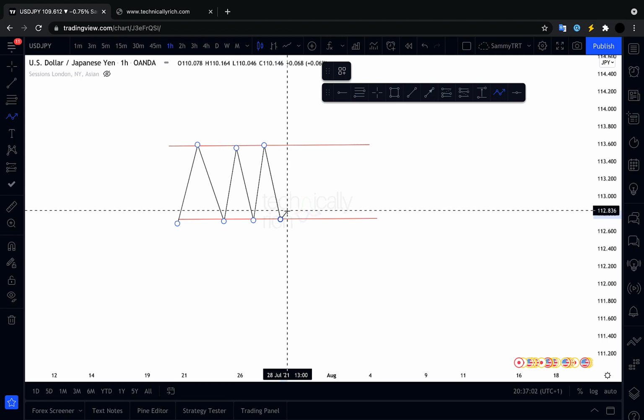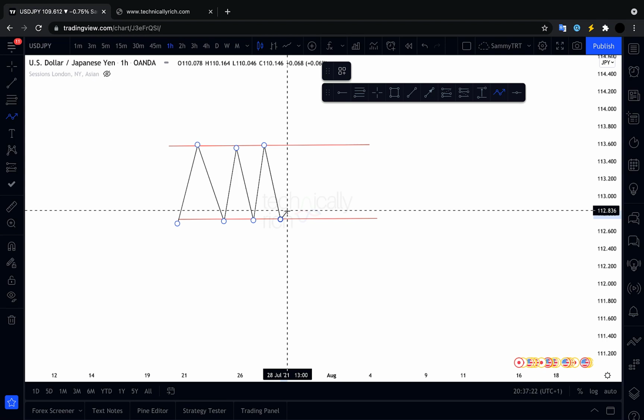Now I believe most of us have had this experience whereby price will hit your stop loss first before coming back to your target, and you'd be like, man, I knew this was where the price was supposed to go.